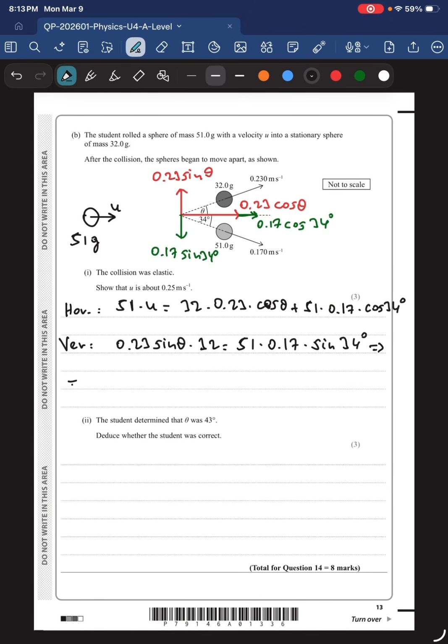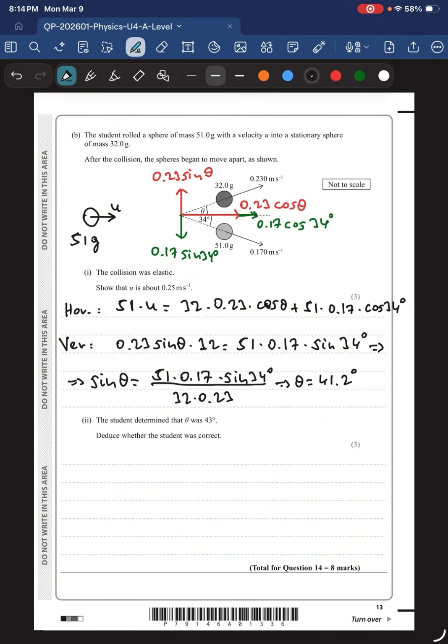So sine theta is equal to 51 times 0.17 times sine of 34 degrees over 32 times 0.23. So theta becomes 41.2 degrees.